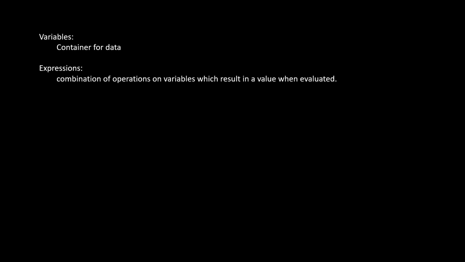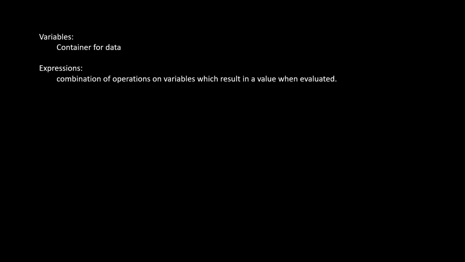Okay, so variables. What are variables? You can say that variables are just containers for data. They hold the data that we use in our computer programming. And what are expressions? Expressions are just combinations of these variables which result in some value that we evaluate.